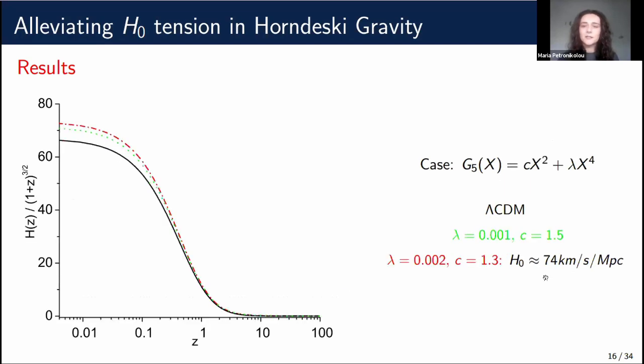And finally, for the last case, where we have the sum of the previous two cases, we see that, again, at the early universe, we have no deviation from the ΛCDM model, while our model for several values of the lambda and c parameters obtains a deviation in the late universe and an alleviation of the tension for the case where lambda is equal to 0.02 and c is equal to 1.3, which is again in agreement with the direct measurements for the H naught.